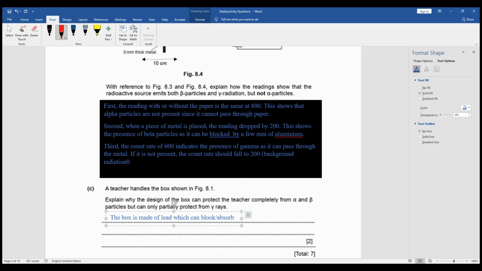It absorbs alpha and beta radiation totally, but can only block gamma partially. That's about the answer.